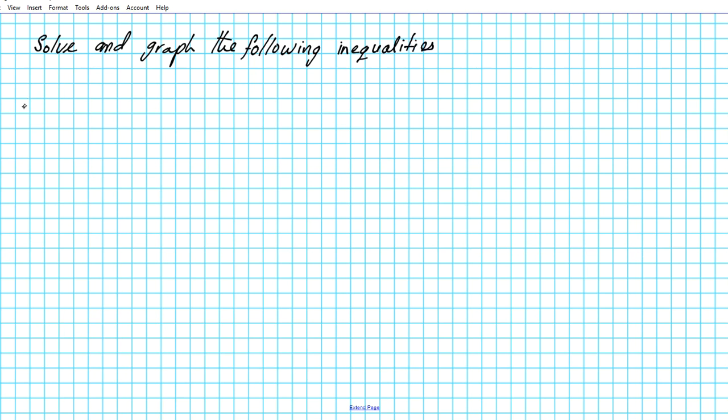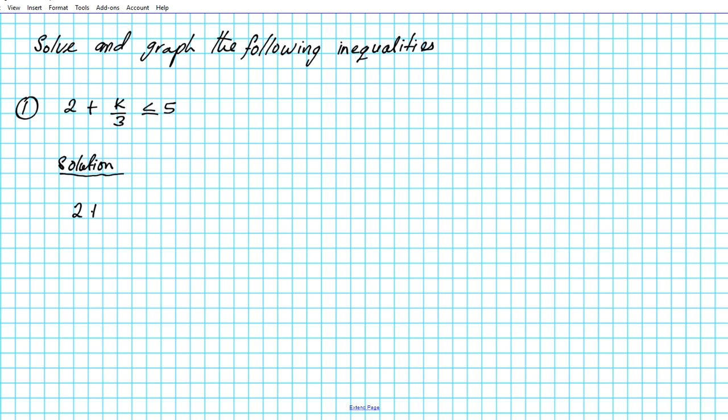Alright, so number 1, let's say we have the inequality 2 plus k over 3 is less than or equal to 5. Alright, so let's go ahead and solve this and graph it.